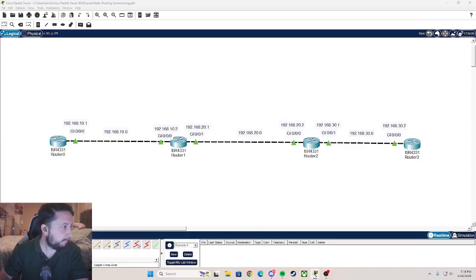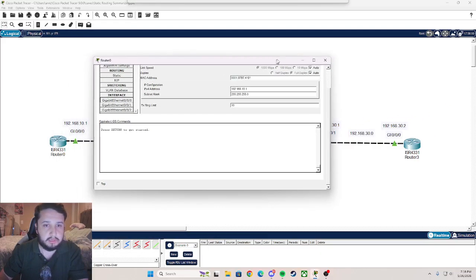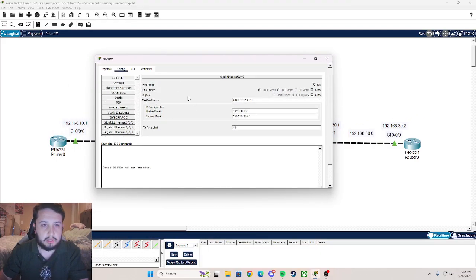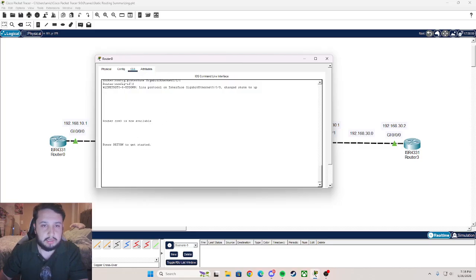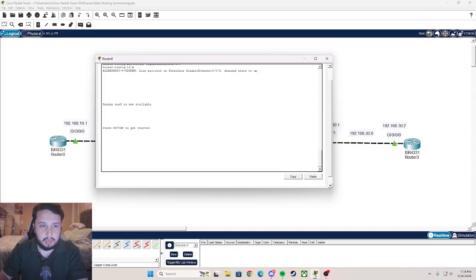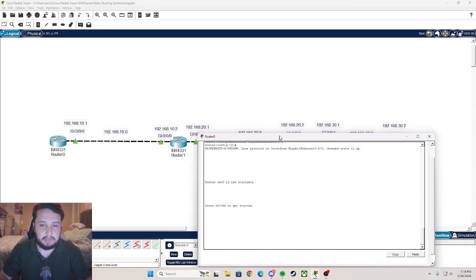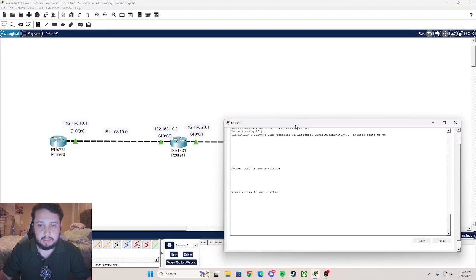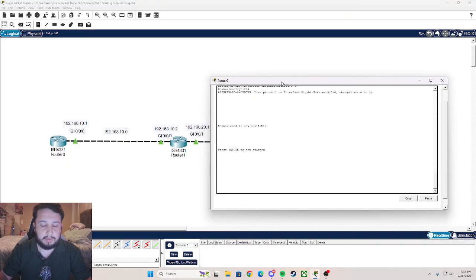Router zero. So the first thing, I would open the CLI. I ensured that all my connections are not shut down.